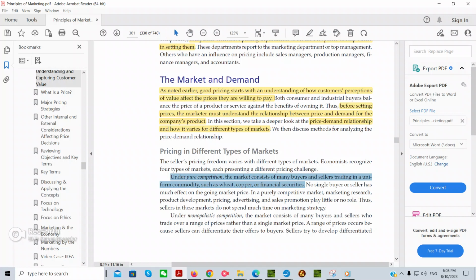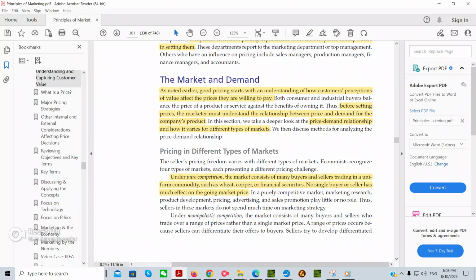No single buyer or seller has much effect on the going market price. Why? Because there's no change in the market. If the demand or supply has not changed, then the seller does not have an effect on the market price.